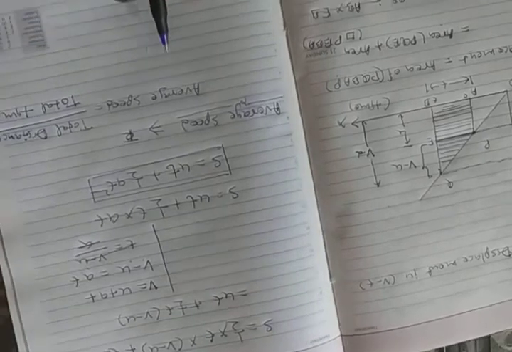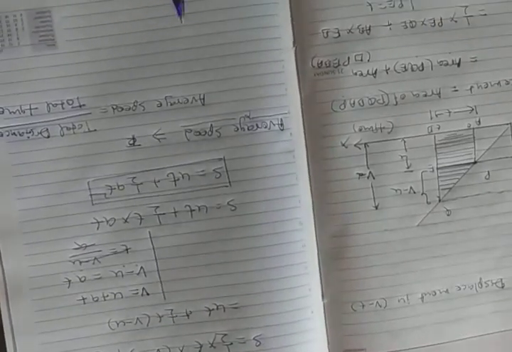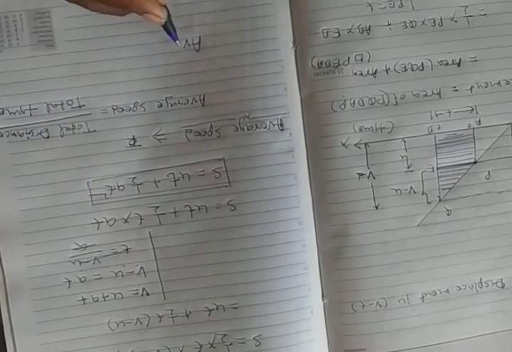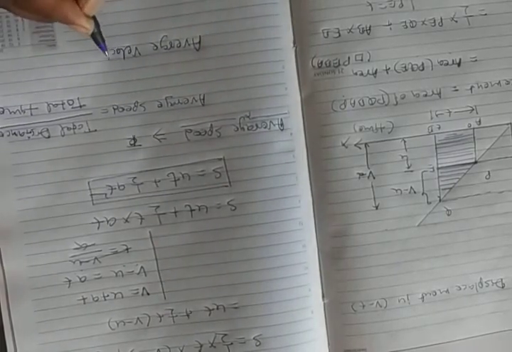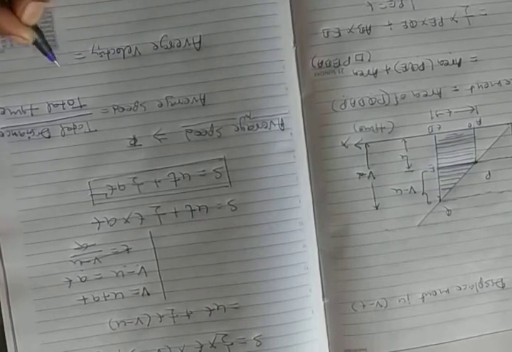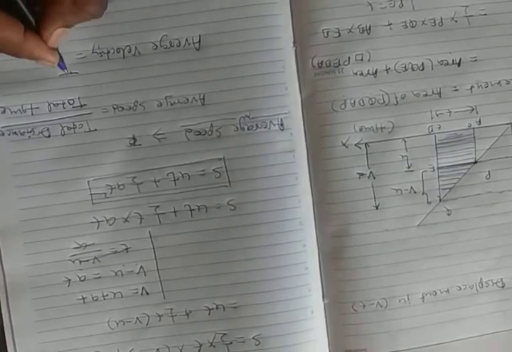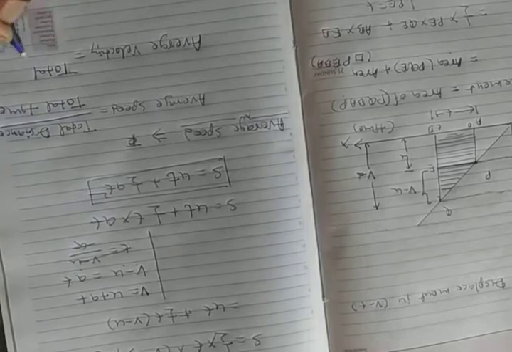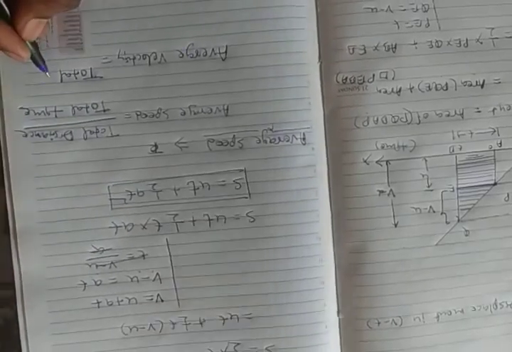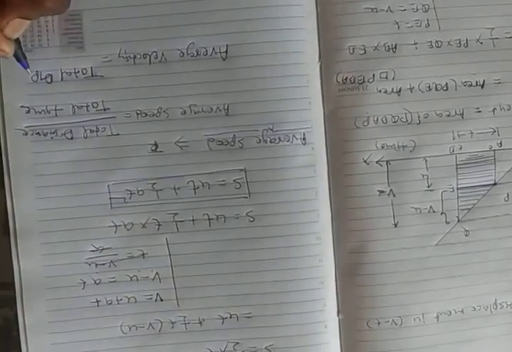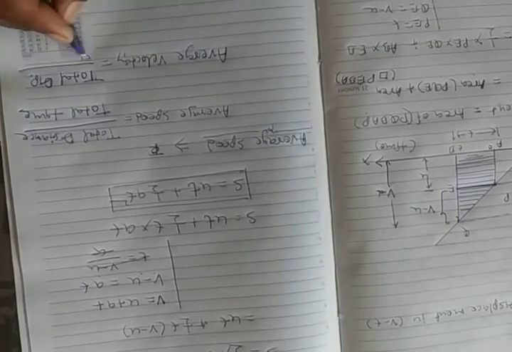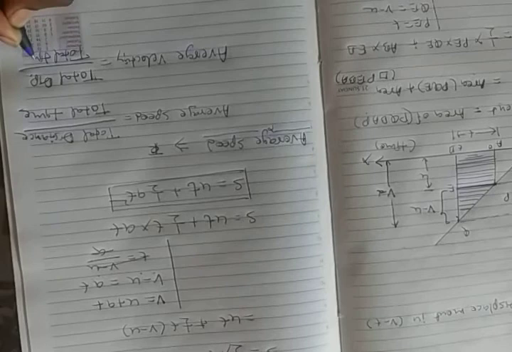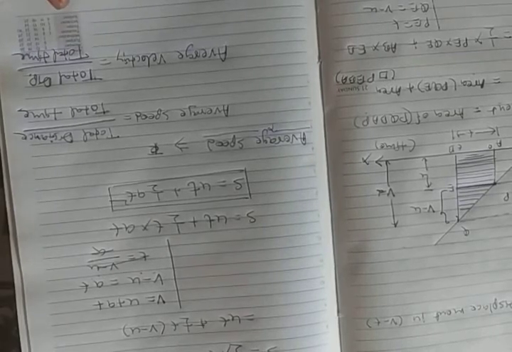And average velocity is equal to total displacement upon total time, called average velocity.